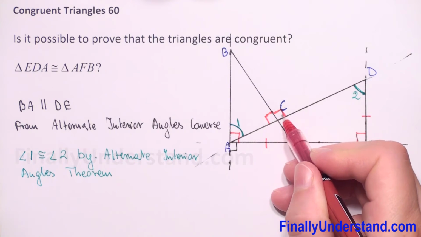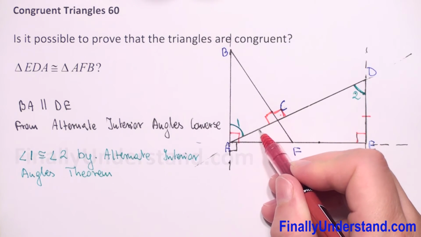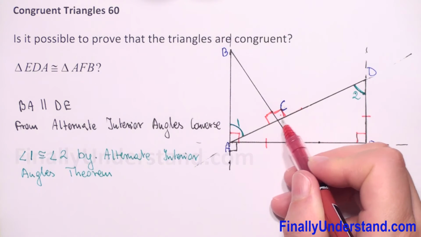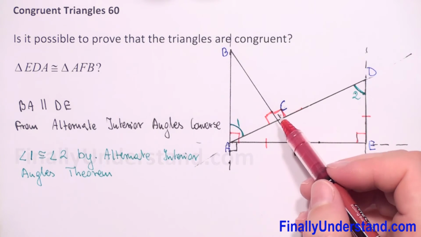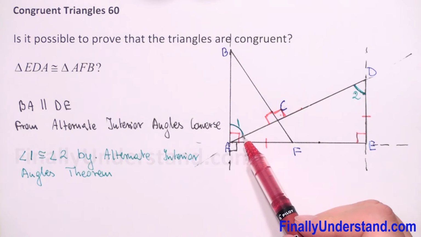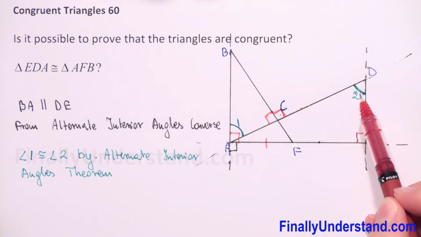If this angle has 90 degrees, on the other side we have to have 90 degrees too, because we have straight angle here. The measure of straight angle is 180 degrees. So we have that angle 1 is congruent to angle 2.